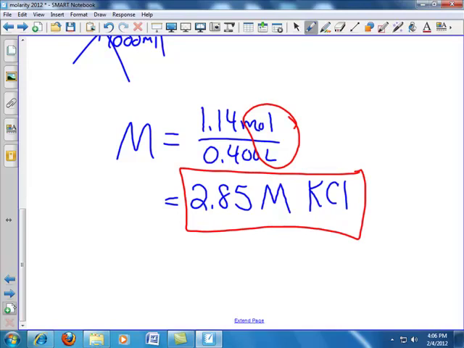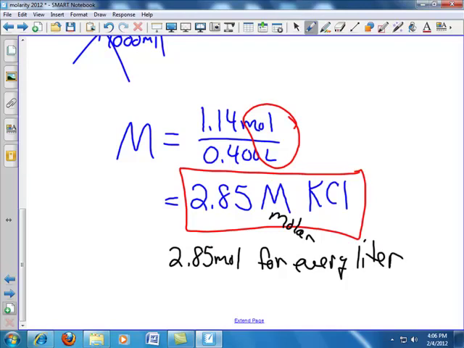And how you would read this is a 2.85 molar KCl solution. It's 2.85 molar KCl. And that means I have 2.85 moles for every liter of solution. It's an amount, okay? So again, this is a concentration.